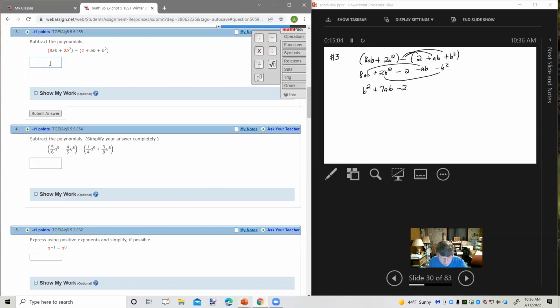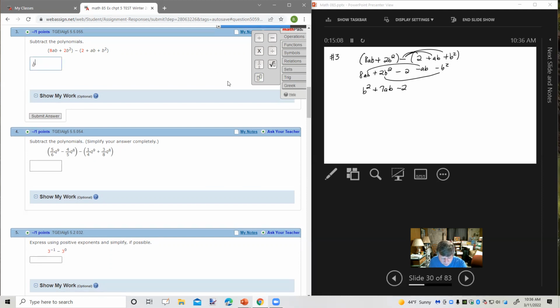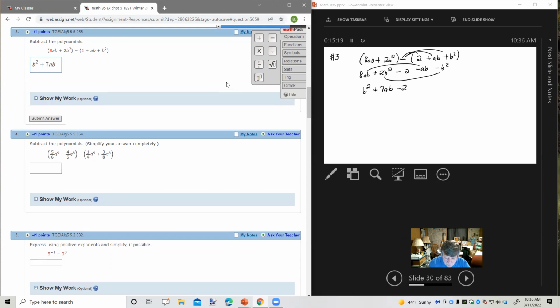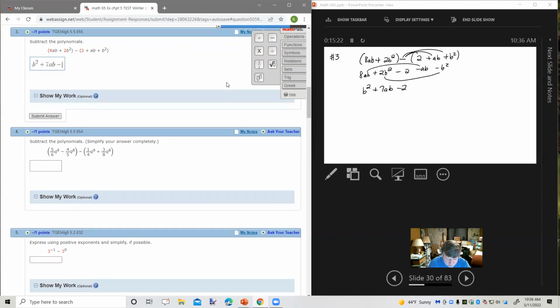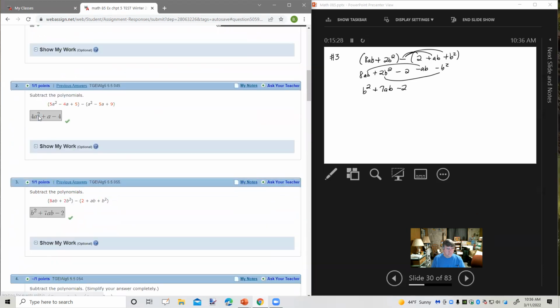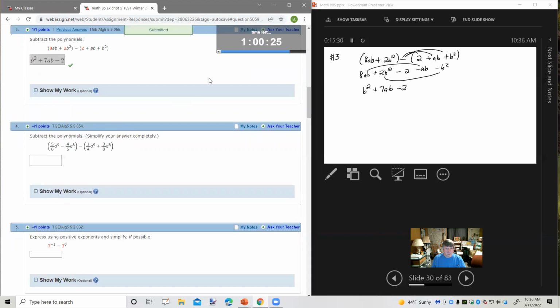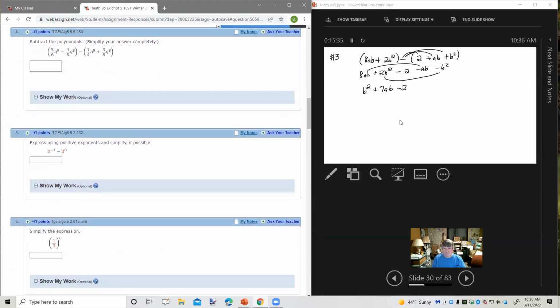So b squared, use the arrow to move it across there, plus 7ab minus 2. Okay. And moving on to problem number 4.